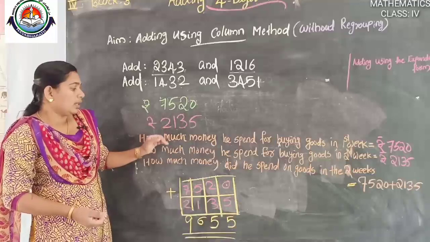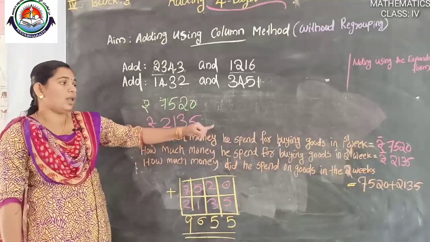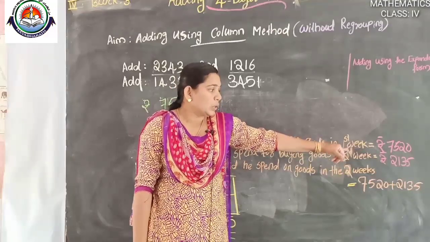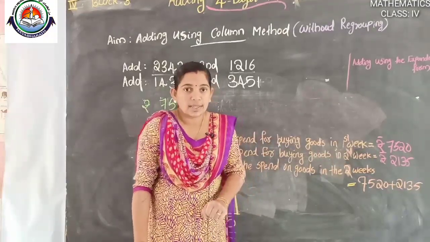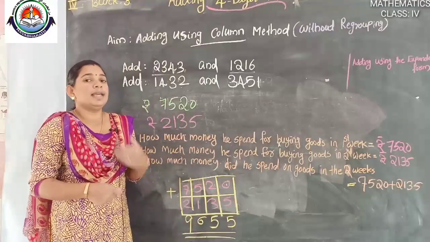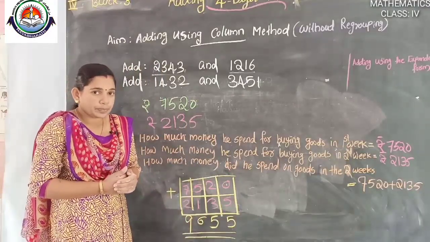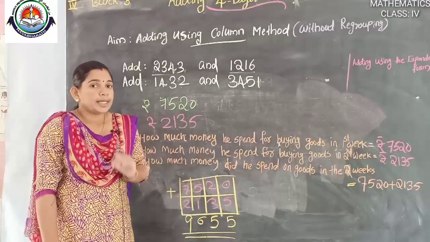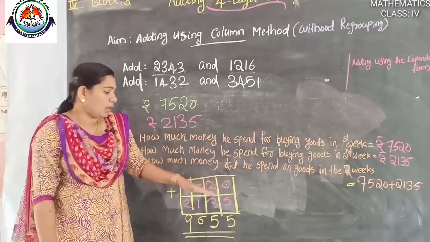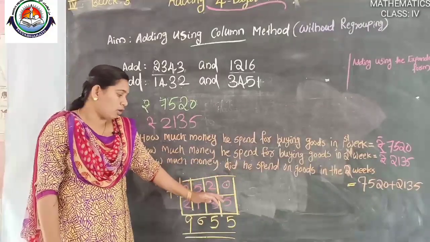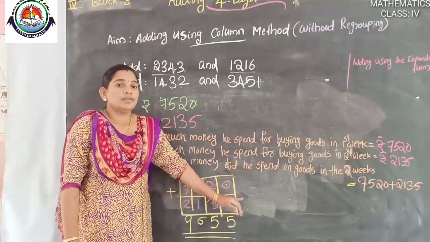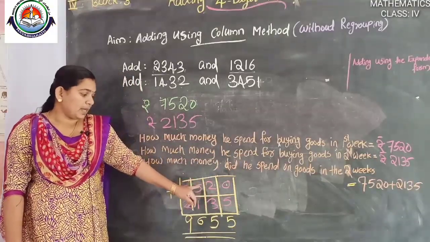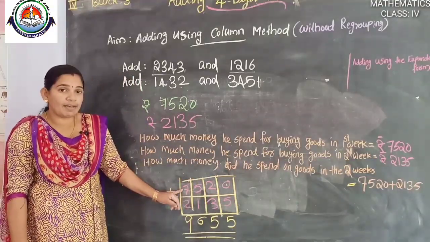Okay, 9,655. Here the question is, first week he spent 7,520 rupees. Second week 2,135 rupees. Then total how much money he spent for buying goods in 2 weeks. So we are adding the two numbers or amounts. So how we add? Draw a column and from the right side, ones place number 0, tens place is 2, 100 place is 5 and 1000 place is 7.